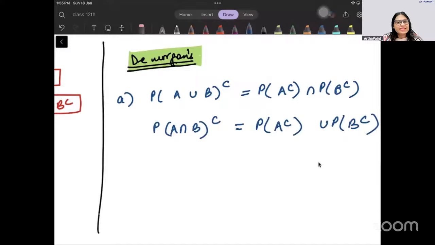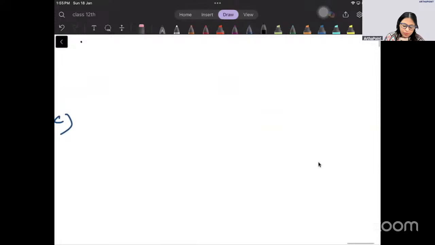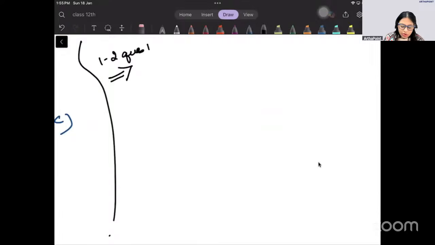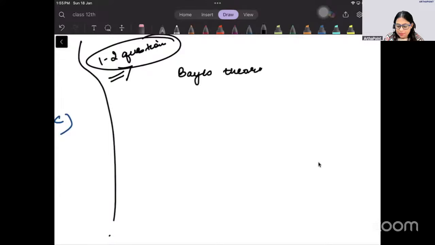Now the next thing जो probability में आता है that is basically on your Bayes theorem. ठीक है, most important, and I can guarantee that there will be 1 to 2 questions on Bayes theorem every year in your paper. तो इसको अच्छे से प्रैक्टिस करना है हमें.